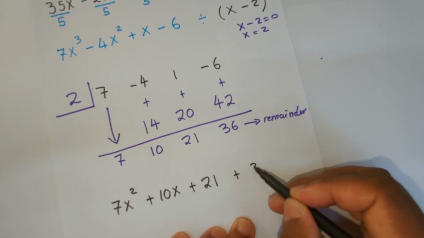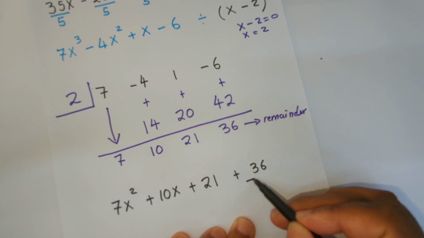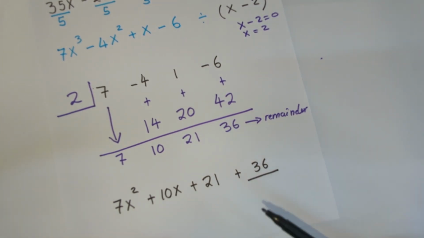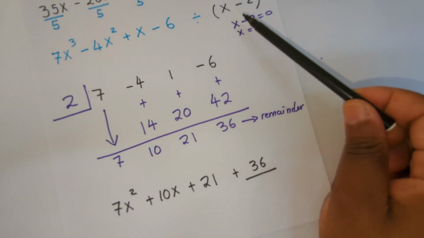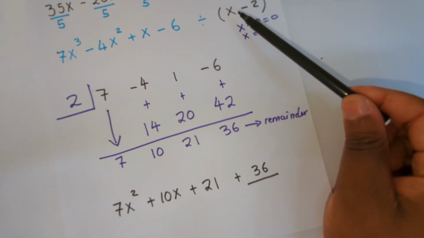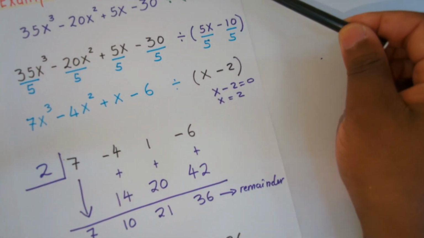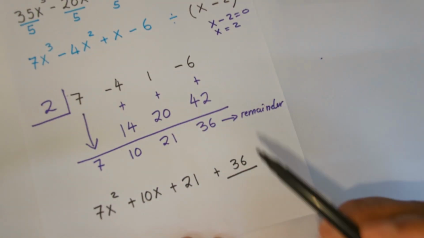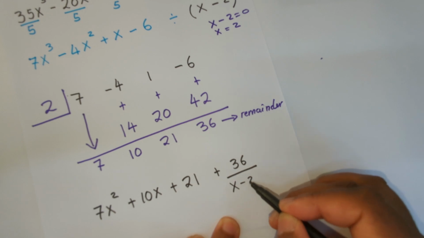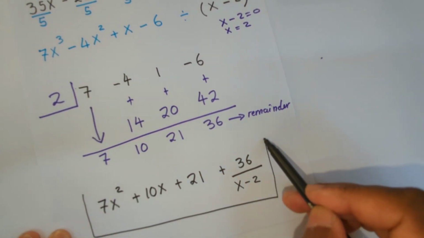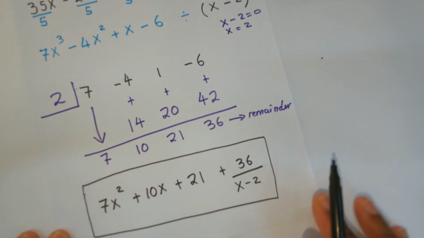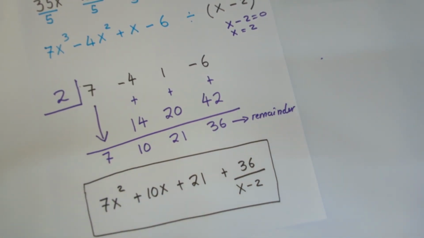So plus 36 being divided by our divisor. But now our divisor, we take x minus 2. We take the simplified divisor, not the original one. So being divided by x minus 2. So this is our final and simplified answer to example number 4.